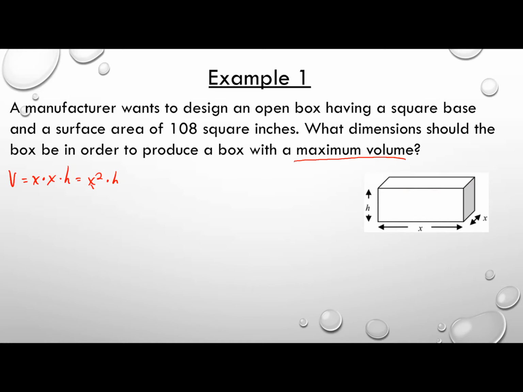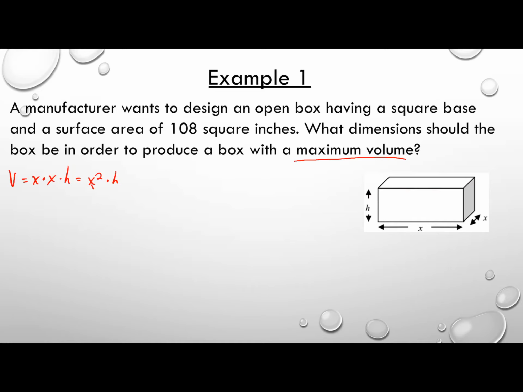So surface area. The front of the box is just going to be x times h, right? And now the back of the box is going to have the same area, so plus x times h again. And now let's do the sides.